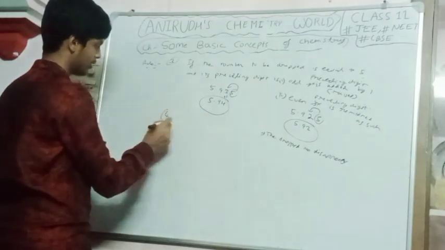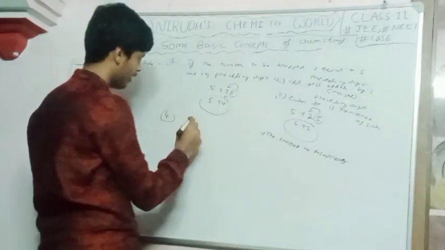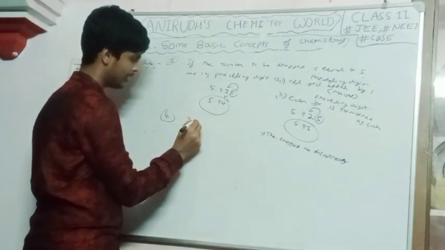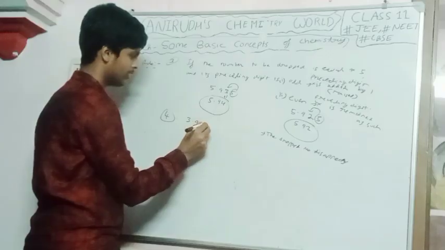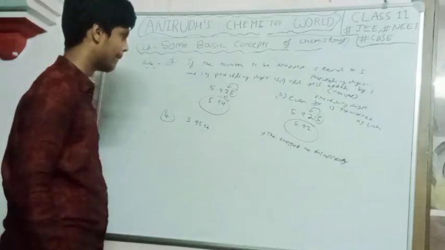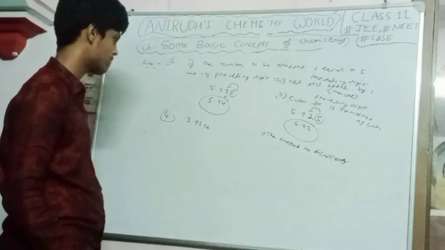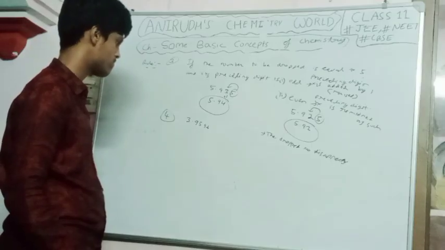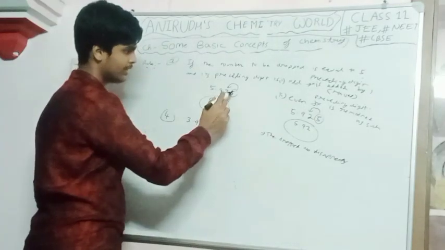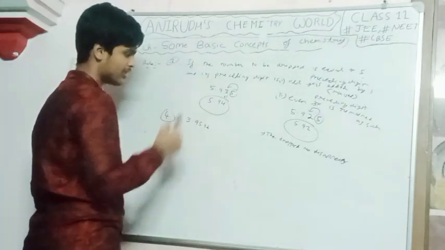Again, in this you have some special case. That is, if the number is like 3.9596, in these cases the rounding digit, the ending digit, is also 5.